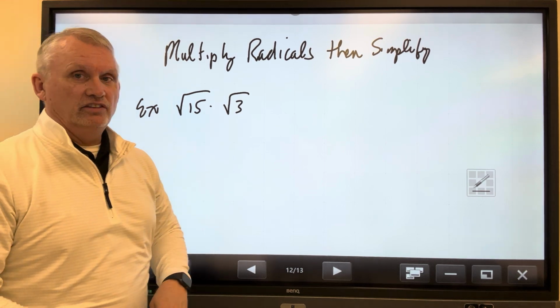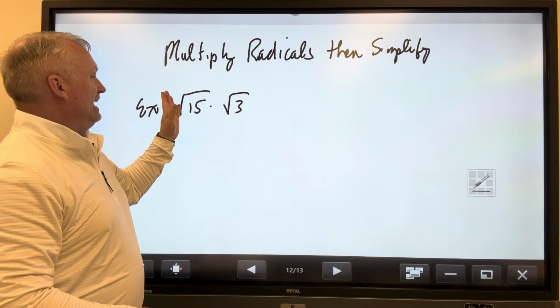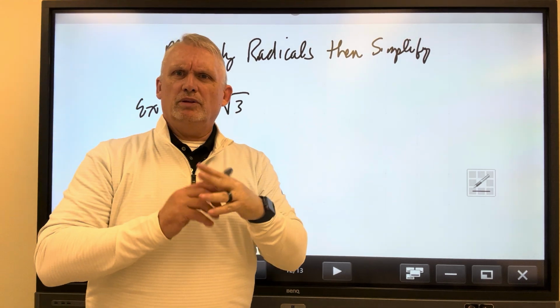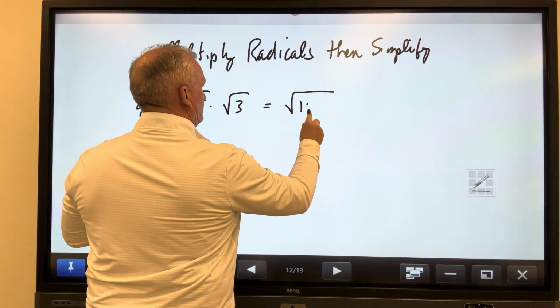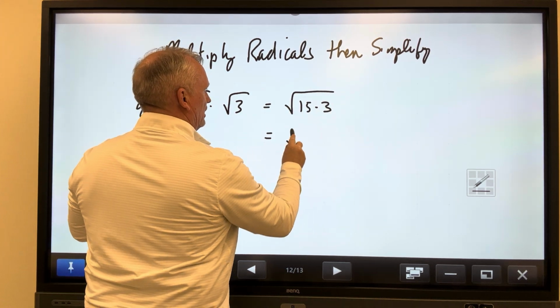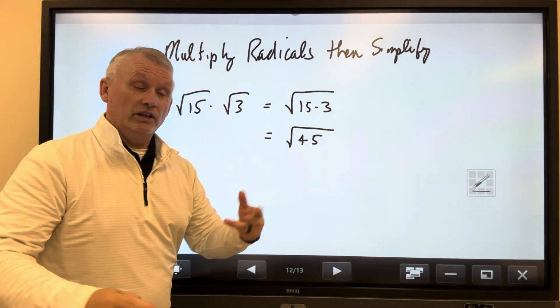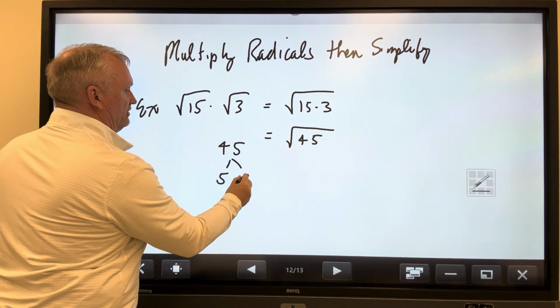Multiplying radicals and then simplifying. All this says is, hey, take a look at this. Well, I can't do the square root of 15, I can't do the square root of 3. But what if I multiply them together? What if I do this? 15 times 3, which is the square root of 45. Well, is there a large perfect square in there? Well, let's take a look. If I factor tree this, it's 5 times 9.